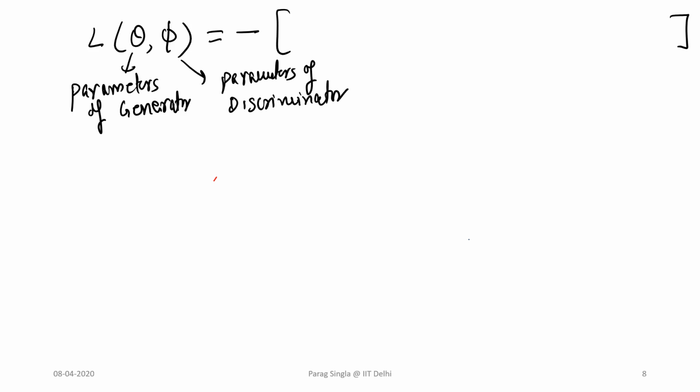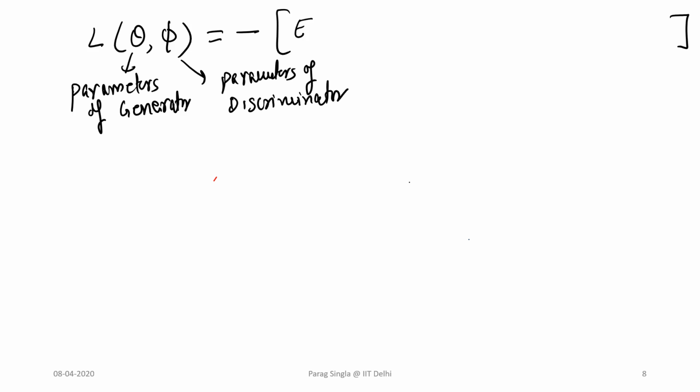And of course, it doesn't know from where the data came in reality. It has to just look at the sample being passed to it, and then figure out the probability, right? So for the discriminator, the loss would be essentially a sum of two terms, right?